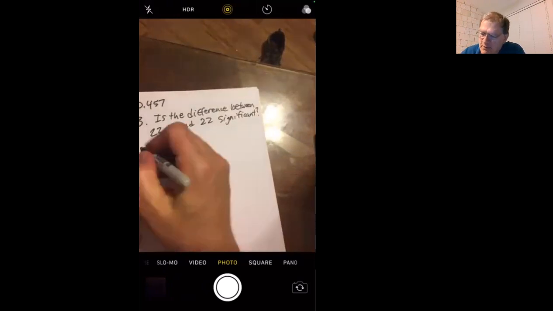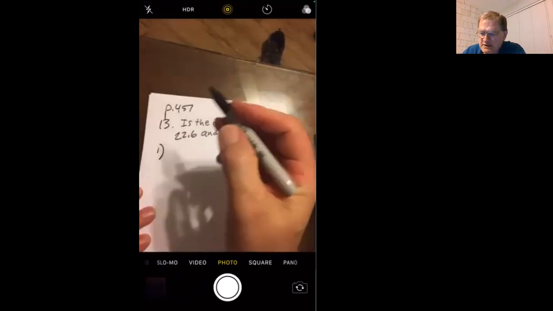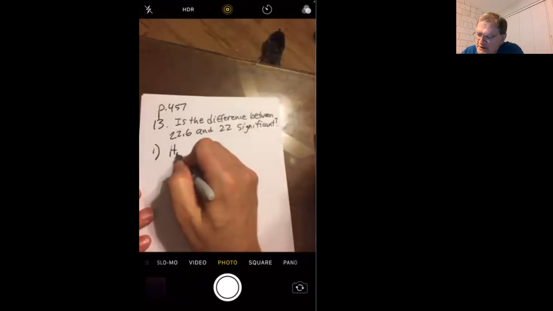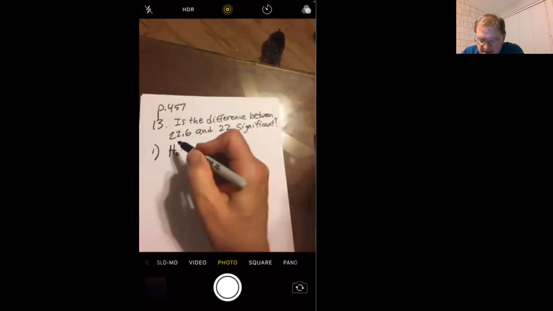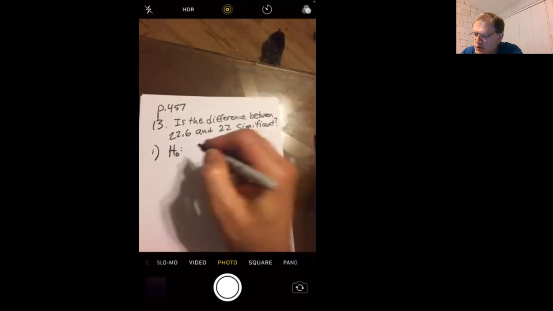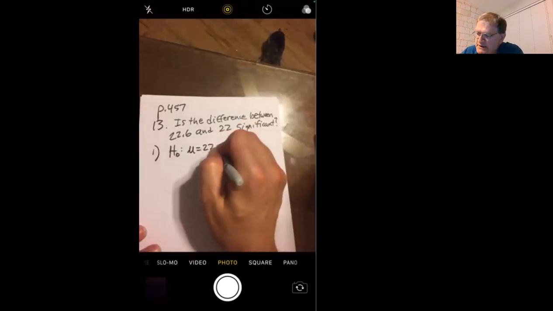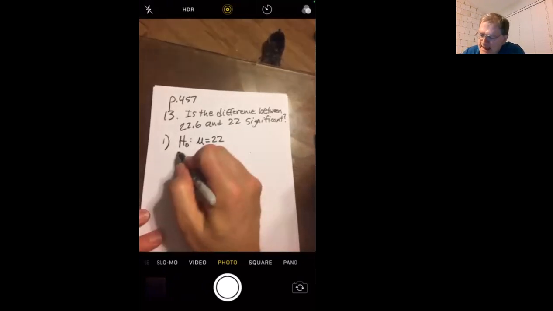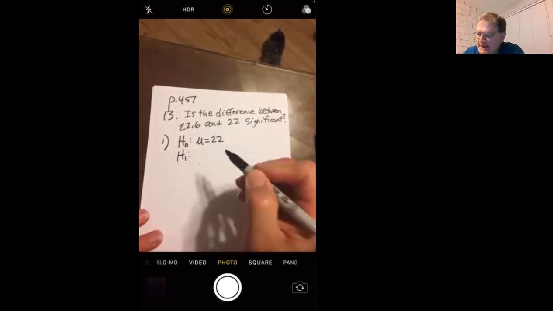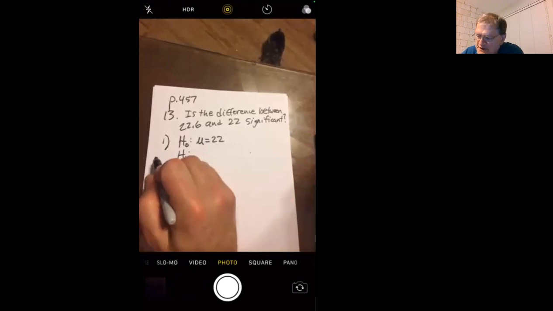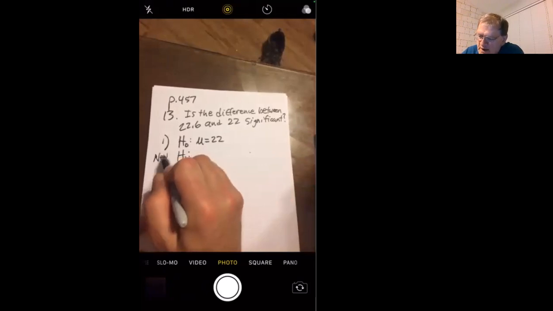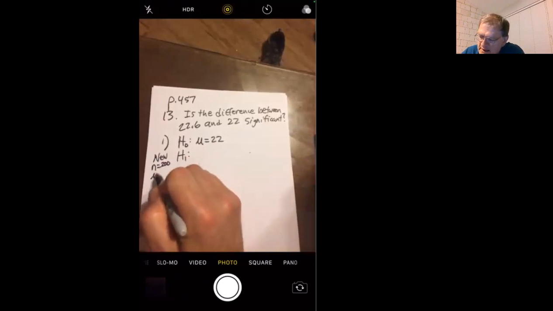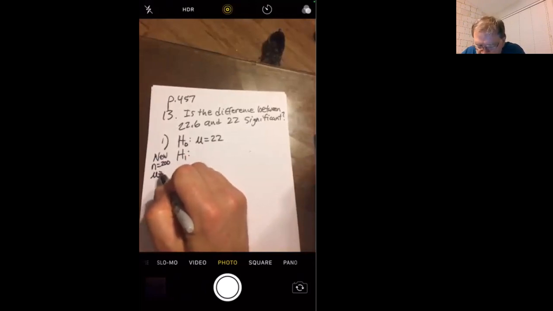Okay, so step 1, I'll just number the steps like this. Null hypothesis: the standard score of 22 is taken to be our assumed fact. And what we're testing again, I'll just come over here to the side. Our new survey, they did a survey of 200 students, found a mean of 22.6, right?